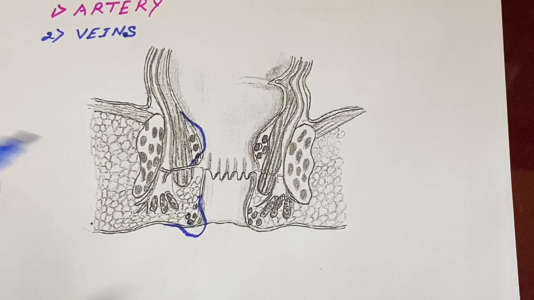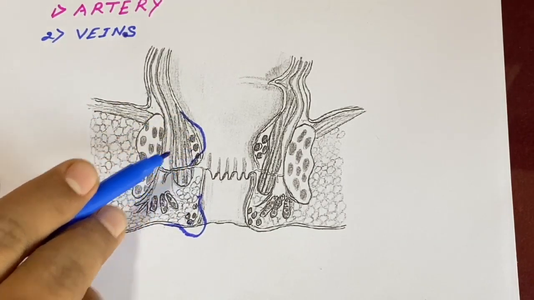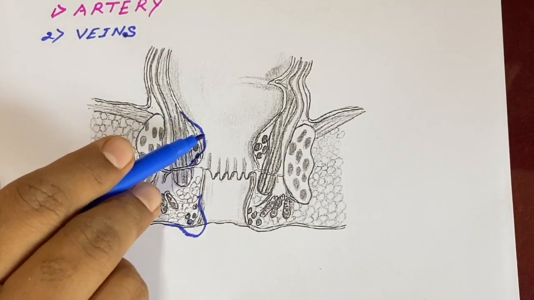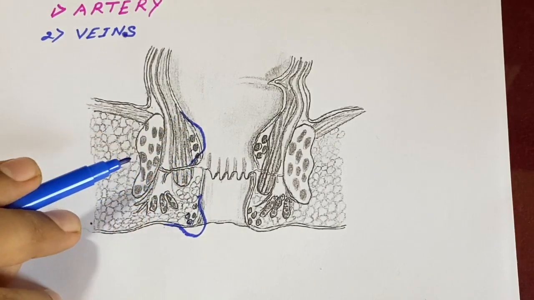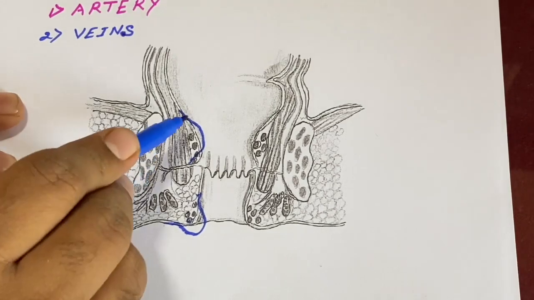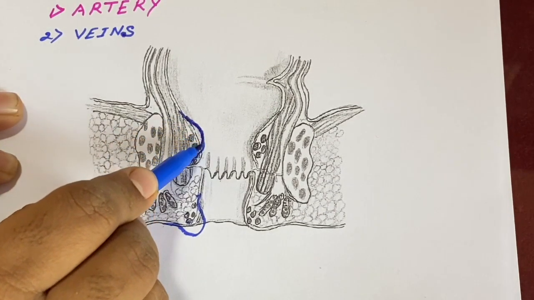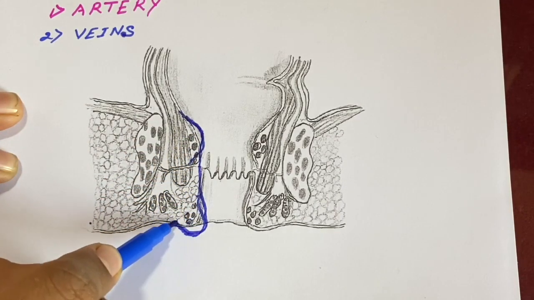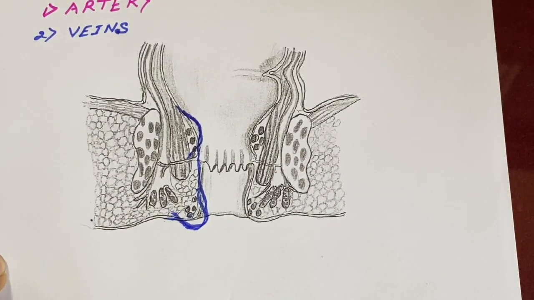I repeat, this is the internal hemorrhoid and this is the external hemorrhoid. The veins get engorged and dilated, and that is called piles. Sometimes internal hemorrhoid engorgement accompanies engorgement of the external hemorrhoids, and that is called interno-external hemorrhoids.